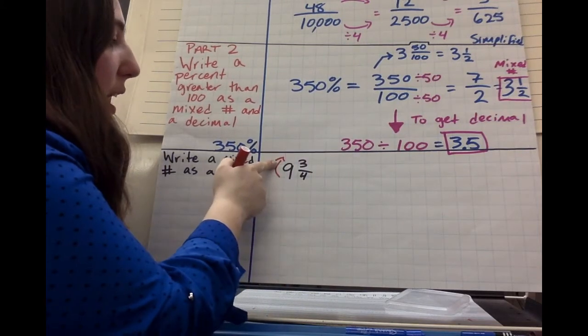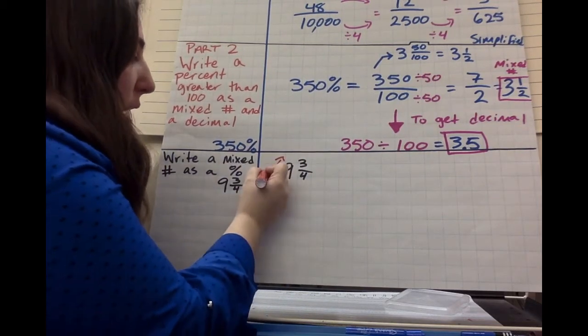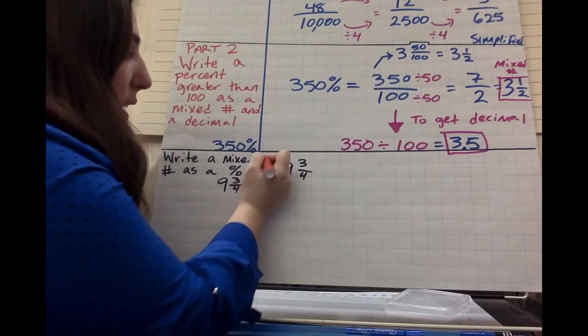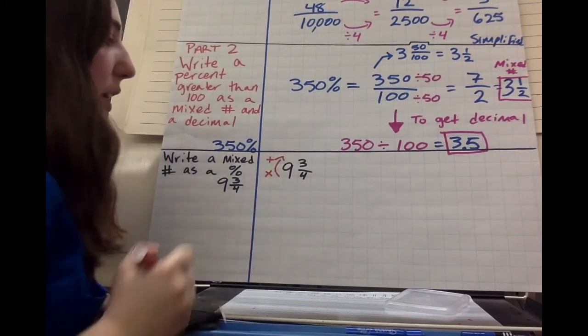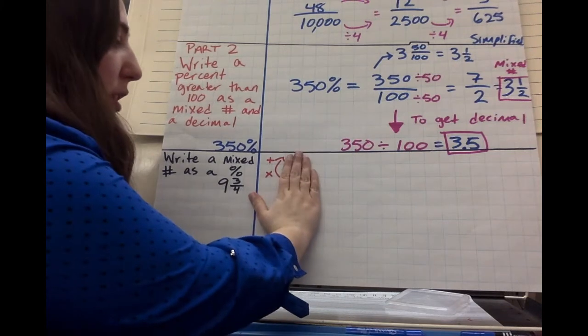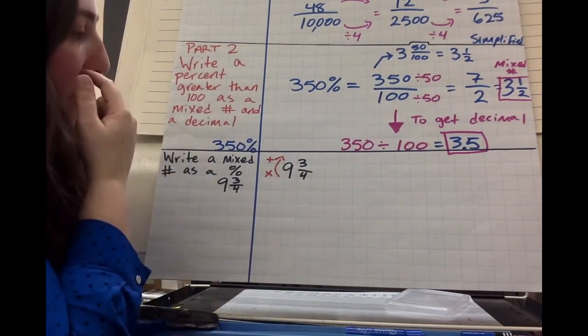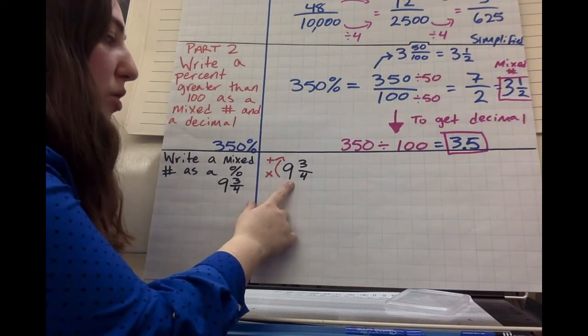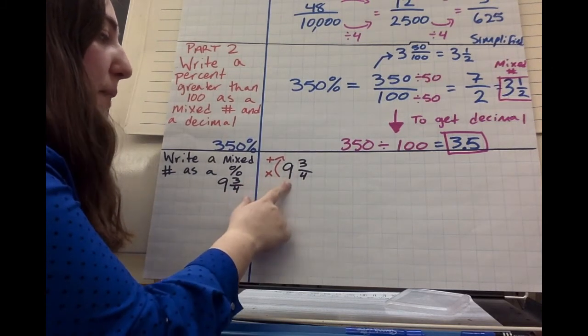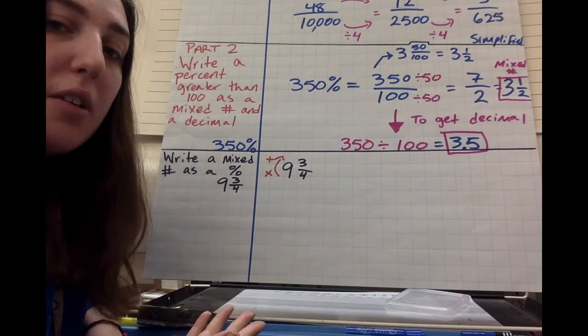It looks like an arrow pointing upwards, and then we have a multiplication sign here and a plus sign here. It looks kind of like an upset, mad face, and this is going to help us remember how to convert a mixed number into an improper fraction.